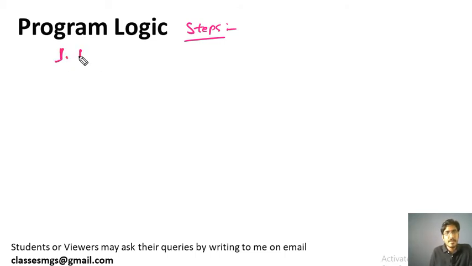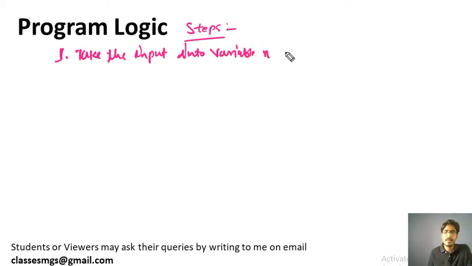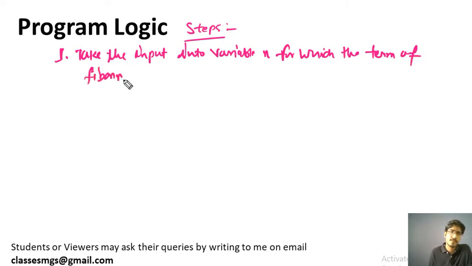The first step is to take the input into a variable, for which the term of the Fibonacci series needs to be calculated.